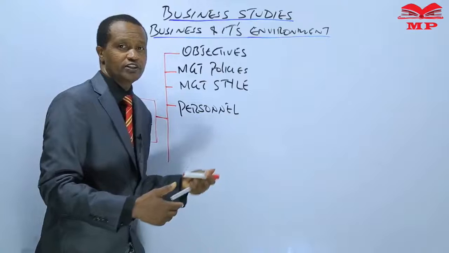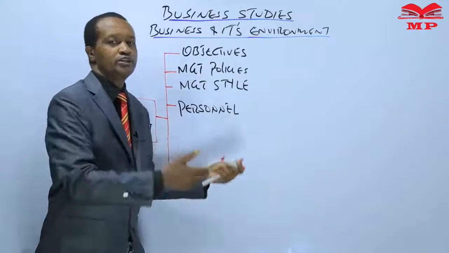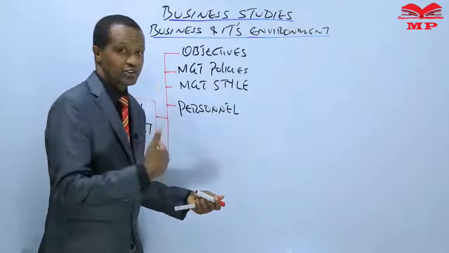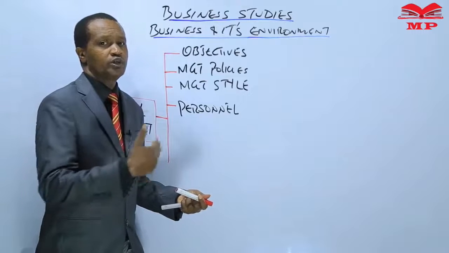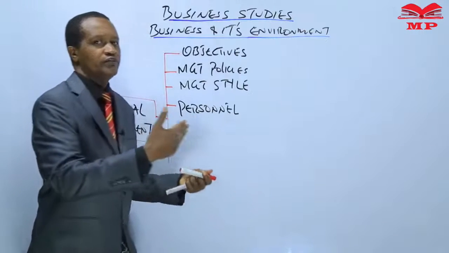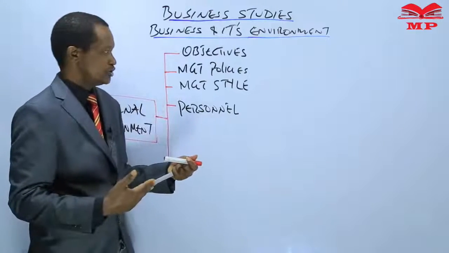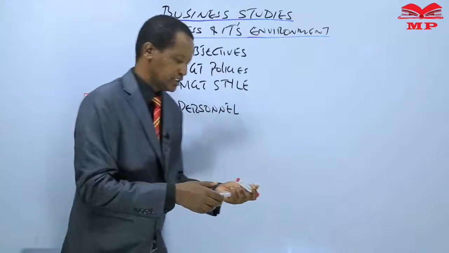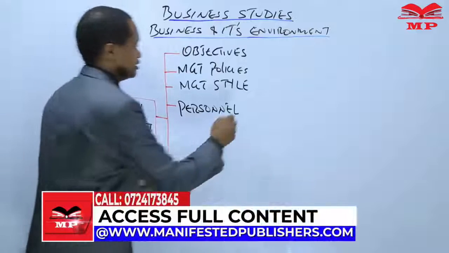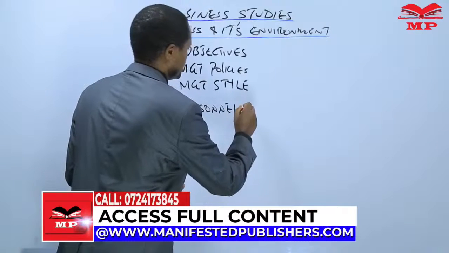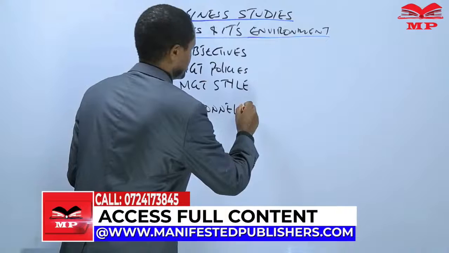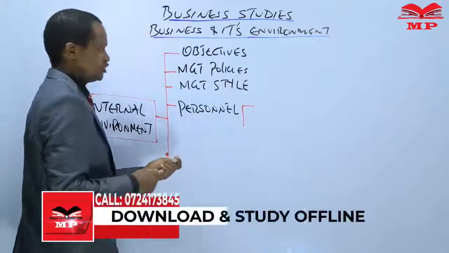And personnel refers to the employees working in an organization. Employees will only be useful if they have the necessary knowledge and skills.